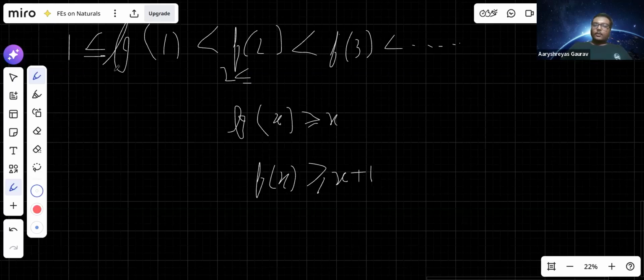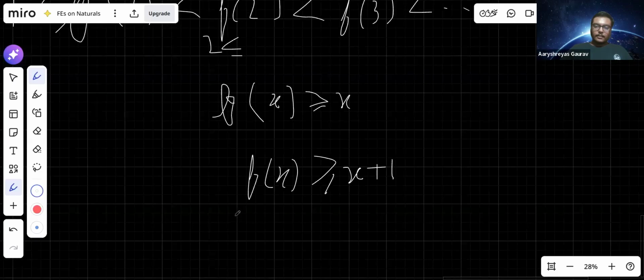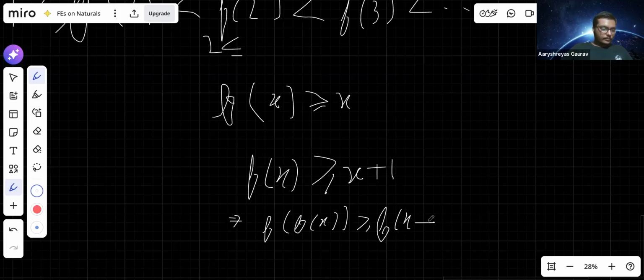Since we have found out that the whole function is always increasing, we can simply put these things inside the function: f of x is greater than or equal to f of x plus 1.